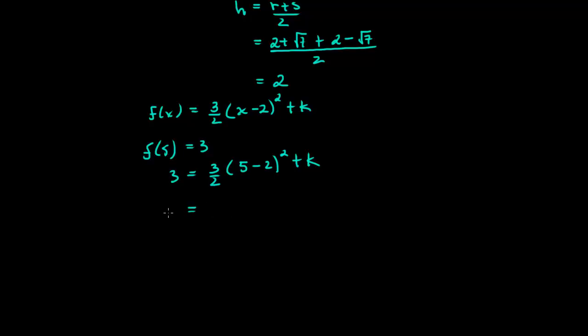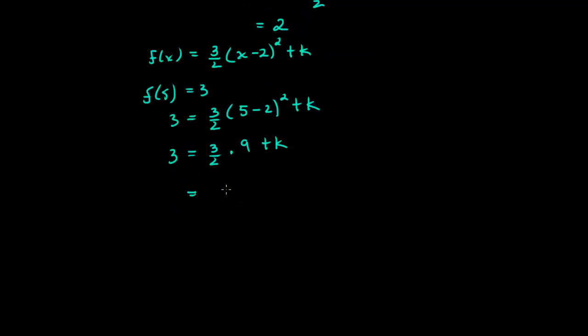Now I can go ahead and solve this equation for k. I get 3 is equal to 3 over 2 times, well, (5 minus 2) squared is 9. So I get 3 over 2 times 9 plus k. 3 over 2 times 9 is 27 over 2. So I get 27 over 2 plus k is equal to 3. I can subtract 27 over 2 from both sides, and I get that k is equal to 3 minus 27 over 2. I can rewrite 3 as 6 over 2 to find a common denominator.